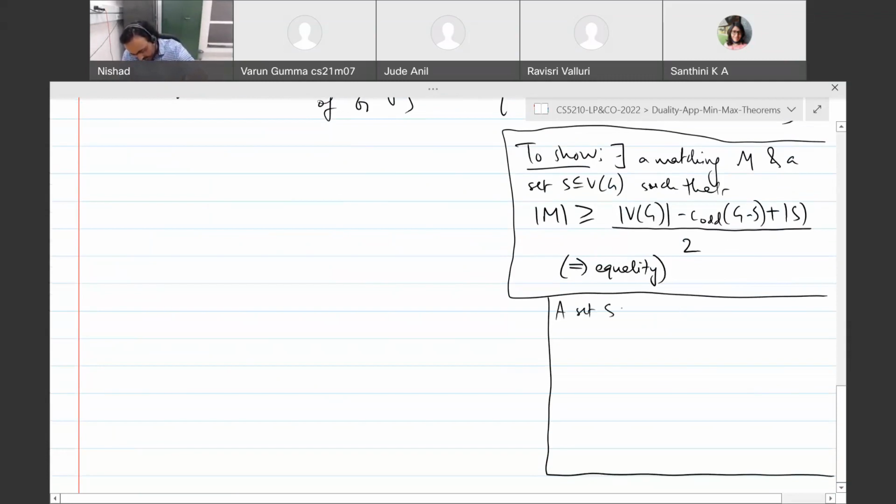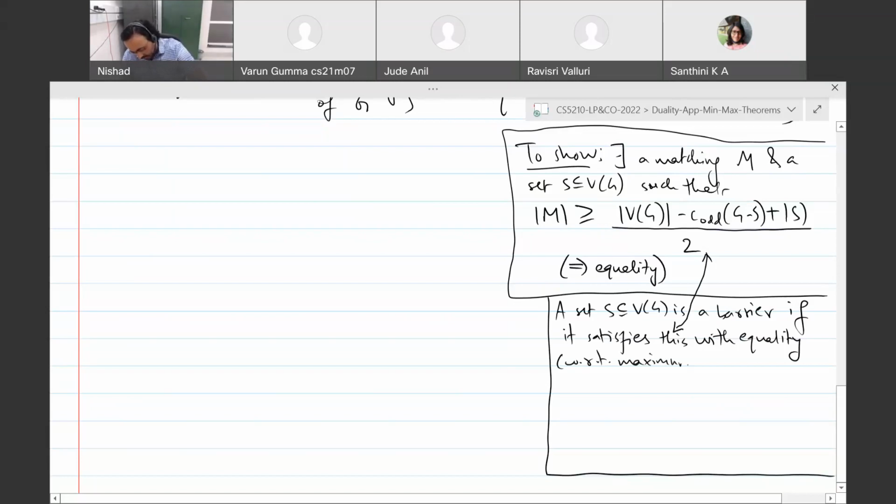A set S is a barrier if it satisfies this equation with equality with respect to some matching, which will necessarily be a maximum matching.